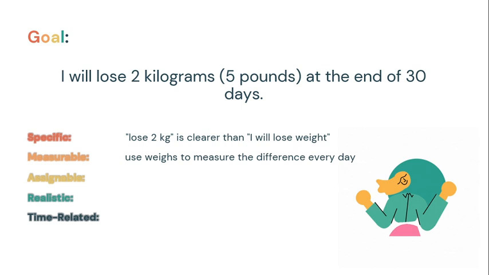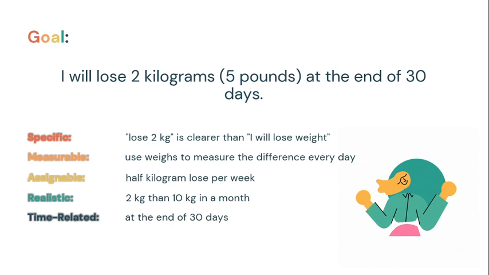And then it is assignable because you can break 2 kilograms into half a kilo per week. It is also realistic because 2 kilograms is better than 5 kilograms or 10 kilograms in a month, provided you are a beginner. And it is time related because it mentioned at the end of 30 days. So I will lose 2 kilograms or 5 pounds at the end of the 30 days is a smart goal.